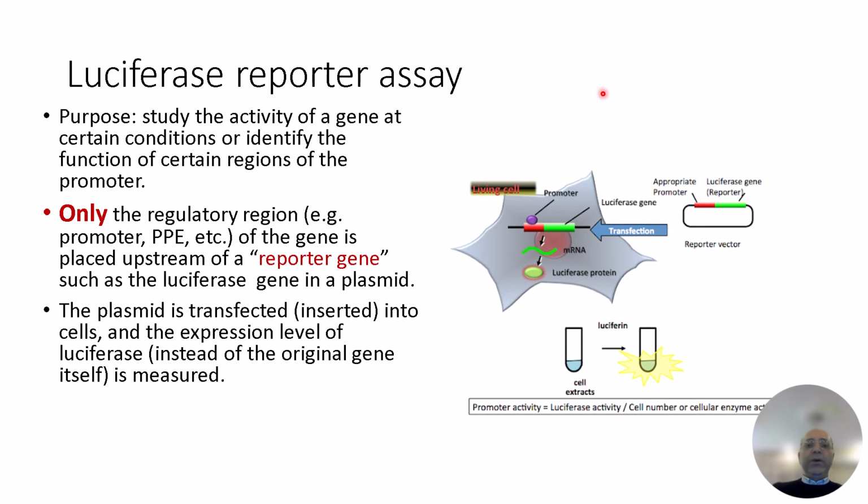Now we can place these cells under different conditions, and we can then study the expression of the luciferase gene, which is under the control of the promoter of interest, under these conditions. In the presence of light versus dark, in the presence of a hormone, in the presence of a certain neurotransmitter, stress, you name it, it doesn't matter.